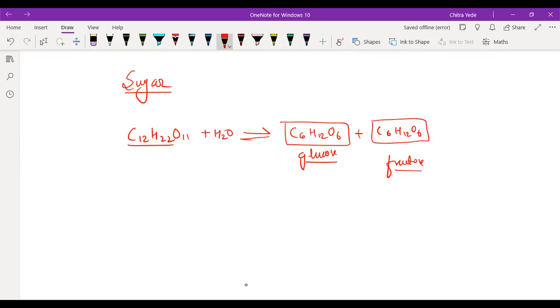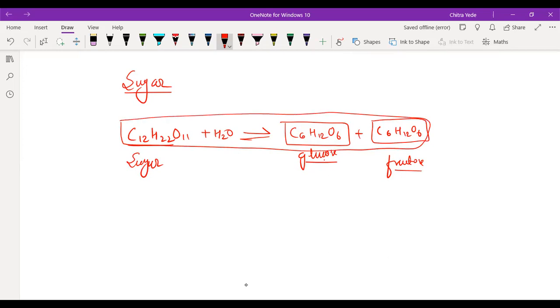The sugar that we eat every day, or use for preparing tea, milk and sweets, contains fructose and glucose. So we can say this is a disproportionation reaction.